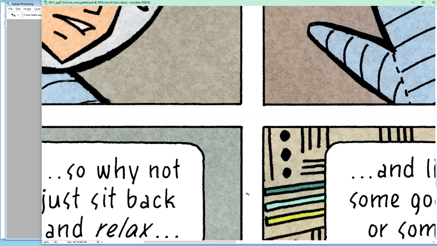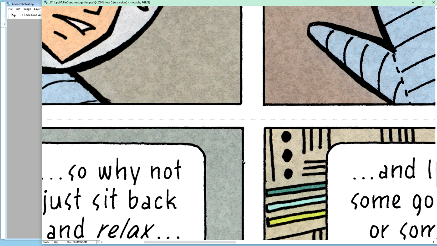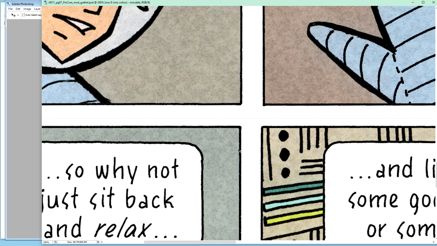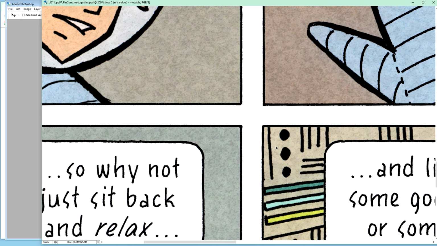In this straight crossing, the border of C1 is exactly lined up with the border of D1, and the border of panel C2 is perfectly lined up with D2. And let me move it a little bit so we have better alignment.